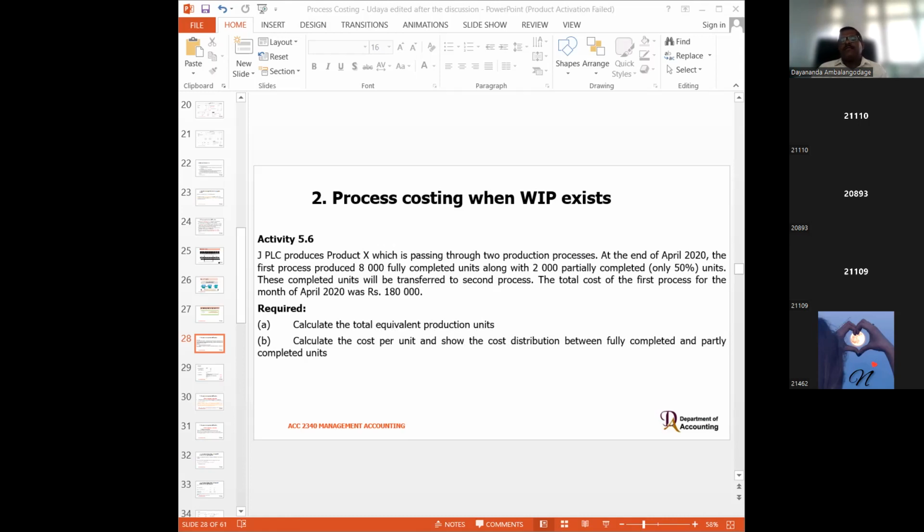So when you value the finished goods, it is basically 8,000 units multiplied by 20 rupees, that is 160,000. Closing WIP would be 1,000 into 20 rupees, that is basically 20,000.